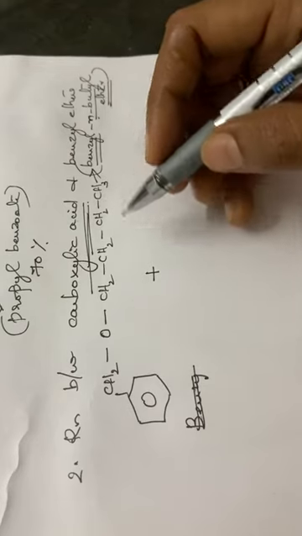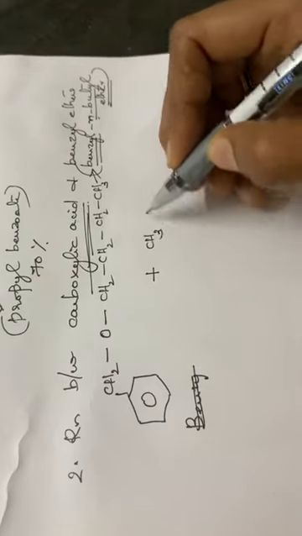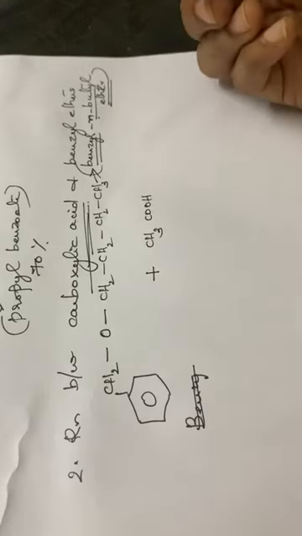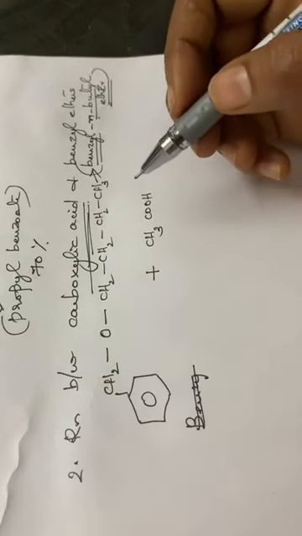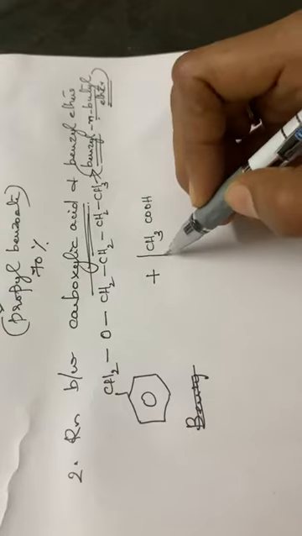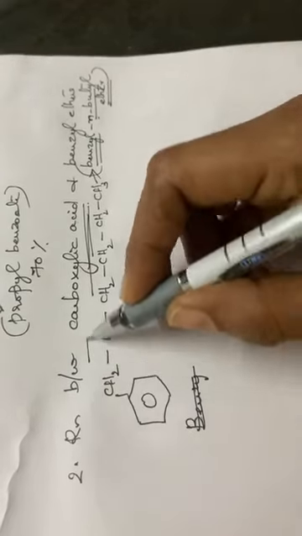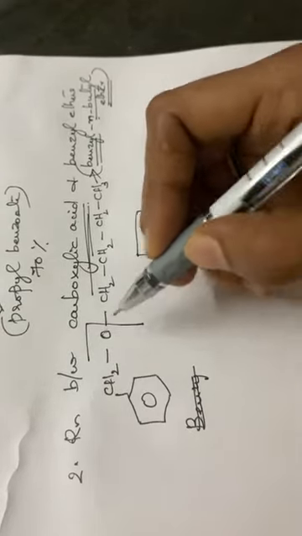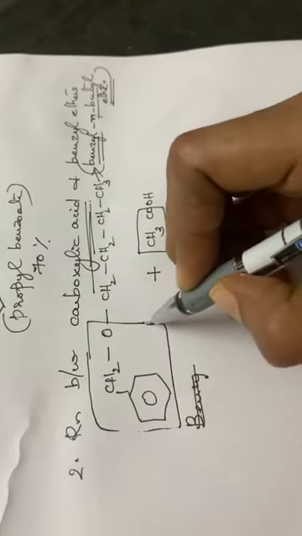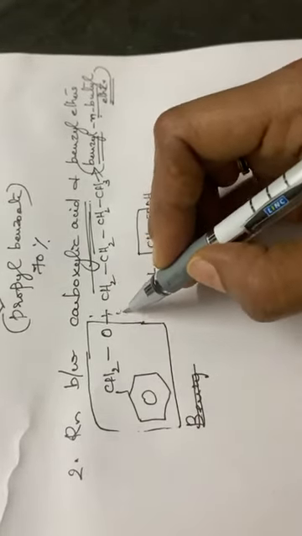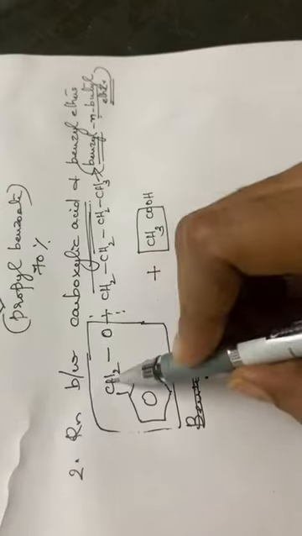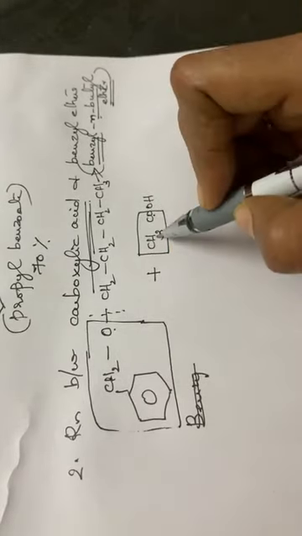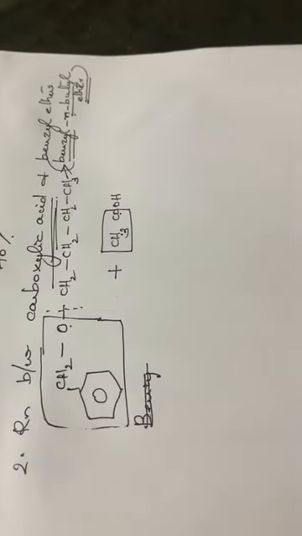So this will be reacting with acetic acid, CH3COOH. So here what happens is that this CH3CO group will be joining at this ether portion. The bond will be broken here, and we will get C6H5CH2OCOCH3. Therefore we will be getting an ester, isn't it?